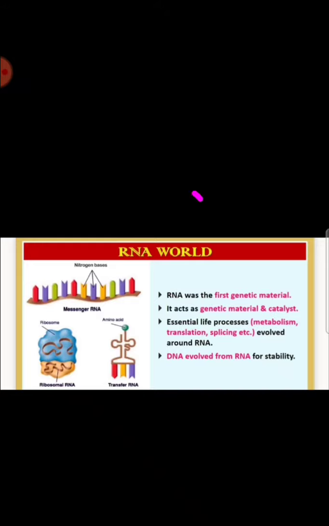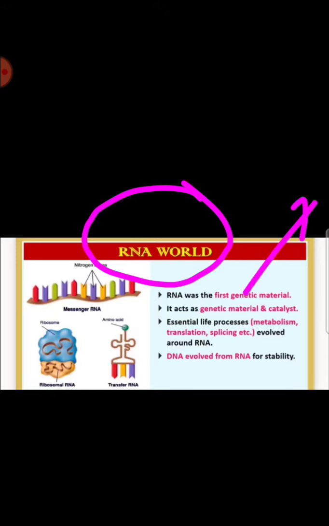What you just have to remember is that RNA is the first genetic material found, it acts as genetic material in some organisms, and it acts as a catalyst, which helps in catalyzing processes. It is also essential for metabolism, translation and splicing, which you will learn in the further slides.